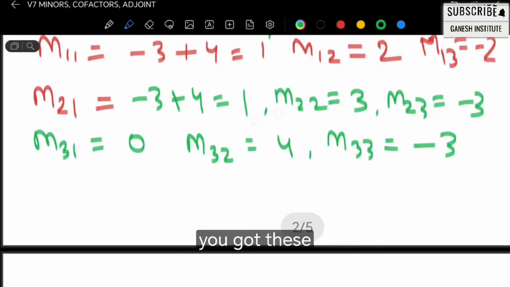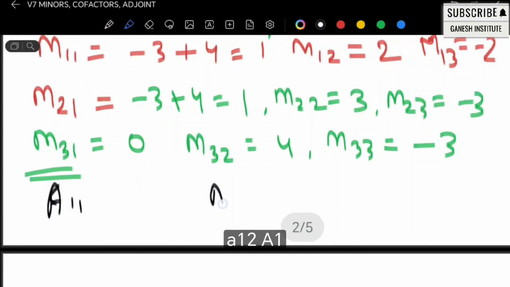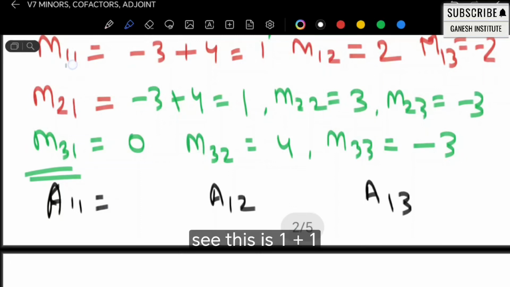Once you've got these minors, the next step is to find the cofactors, right? C11 or A11, A12, A13. A11: see, this is 1 plus 1, even.